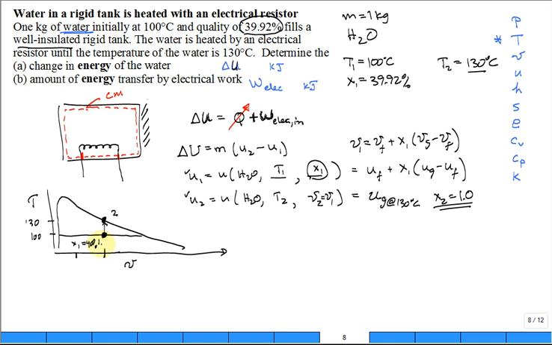Yes, sir. And that's the reason for using just UG. What you'll find numerically is that V1, V2 is equal to V sub G at 130 degrees C, exactly my V1.